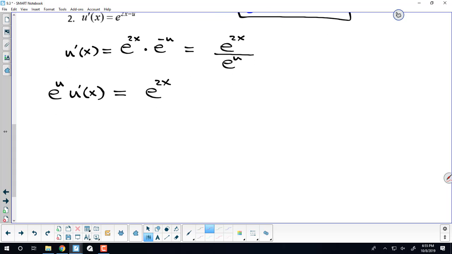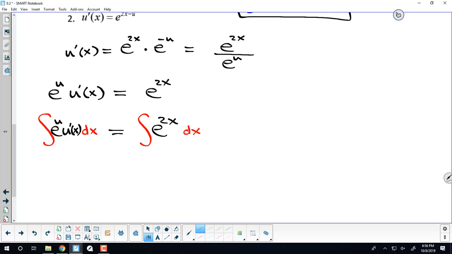And so if we integrate both sides with respect to x, what would happen to u prime of x dx? What does that turn into? du.